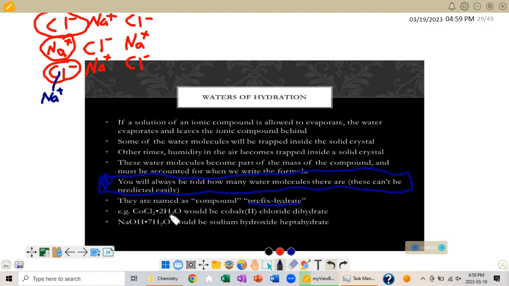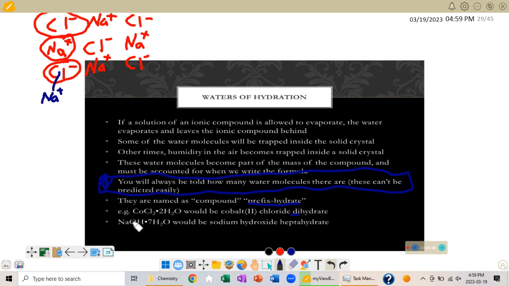We would name this as cobalt, Roman numeral 2 chloride. Cobalt, remember, doesn't have to be a 2+, and so this tells us this is the 2+ version of cobalt. And then there's 2 water molecules associated with every cobalt 2 chloride. And so we call this dihydrate because di is the prefix for 2.